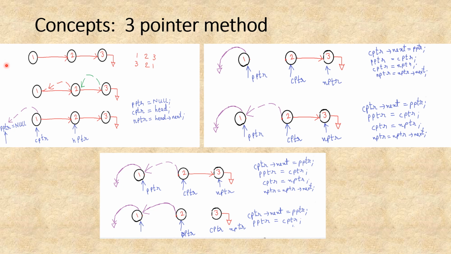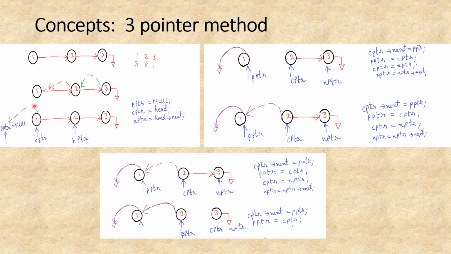That's why we start from 1 and null terminate 1 to begin with, and we move from left to right, and in every iteration we fix up the link by reversing the direction of the link.